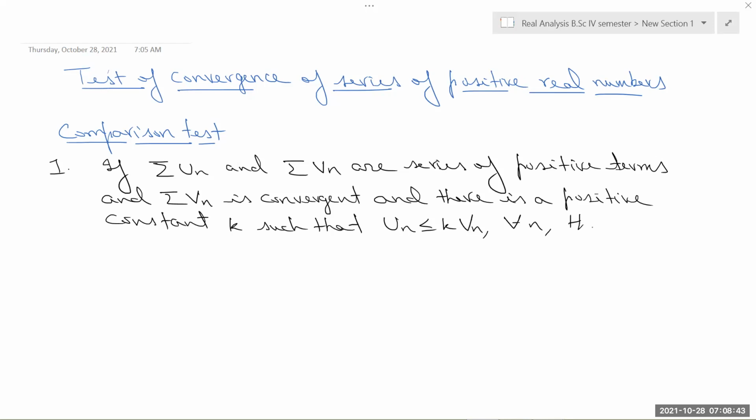Then the series summation un is also going to be convergent.